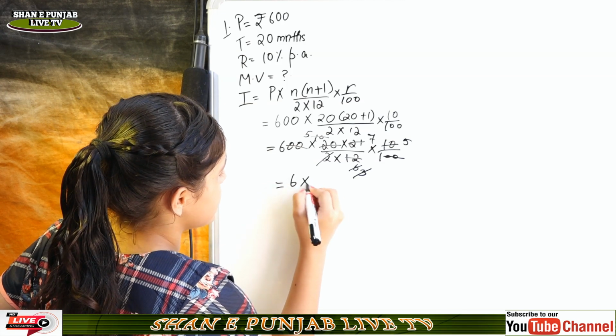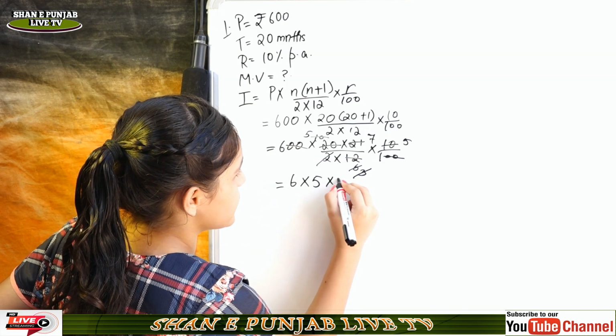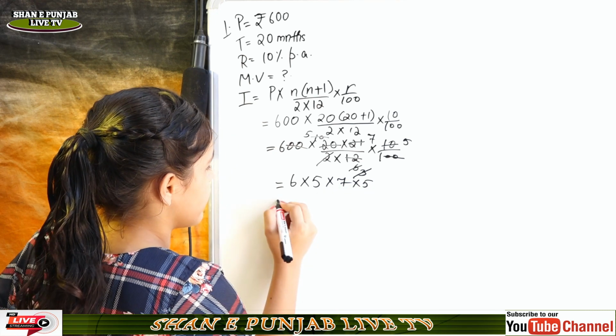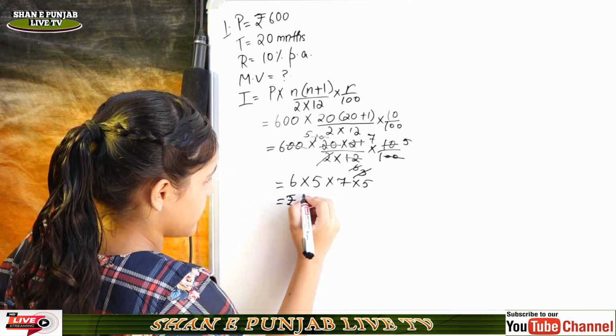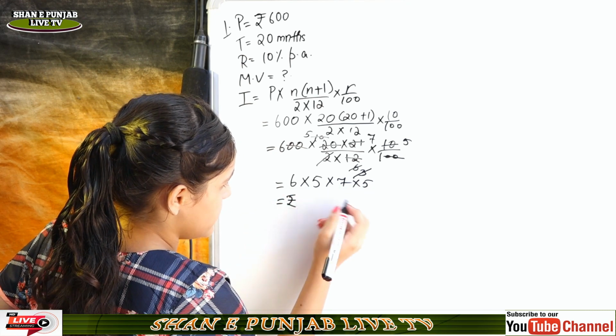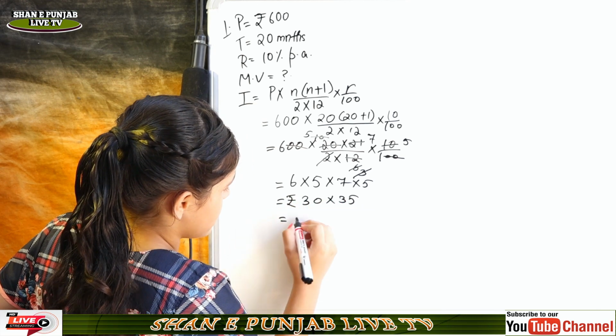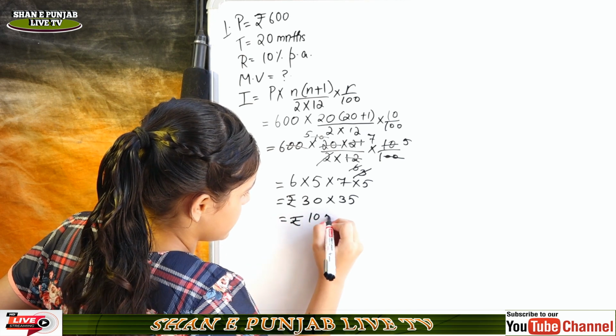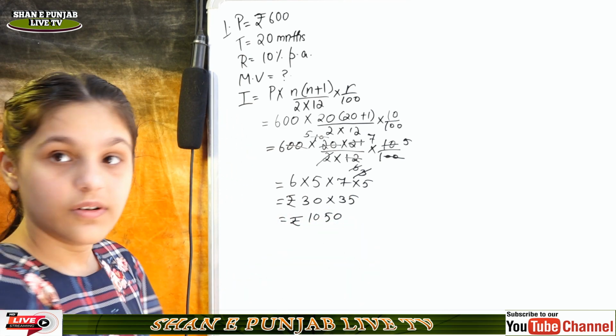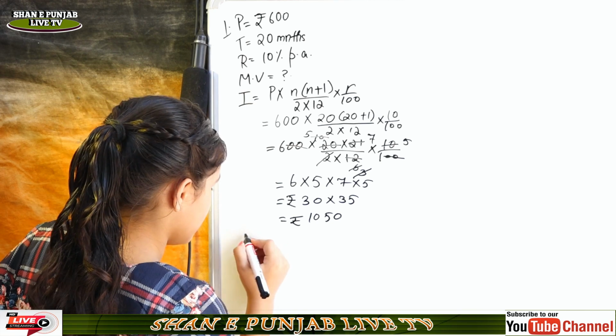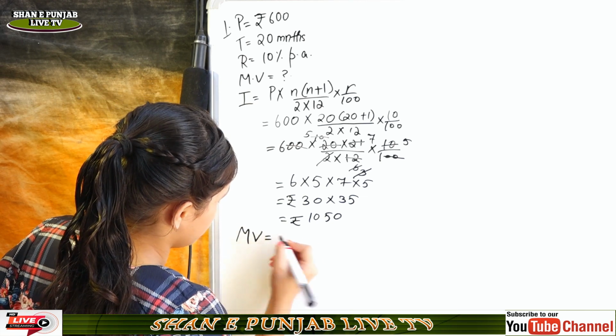We are left with 6 into 5 into 7 into 5. The answer after multiplying is 30 into 35 is 1050.